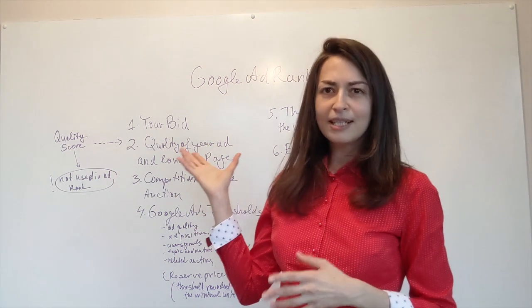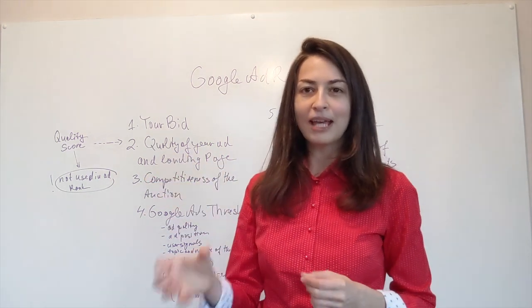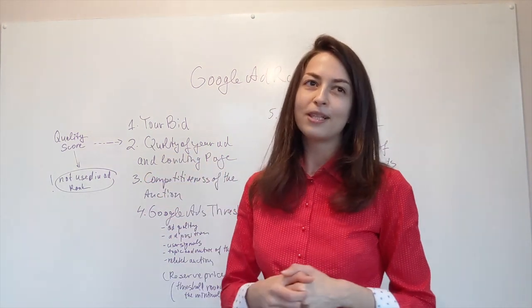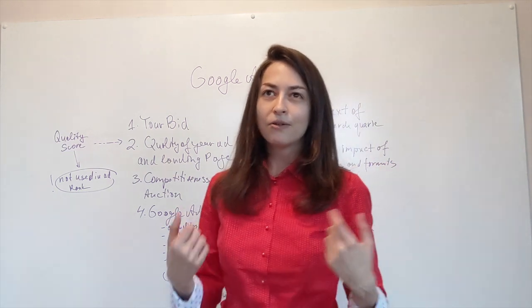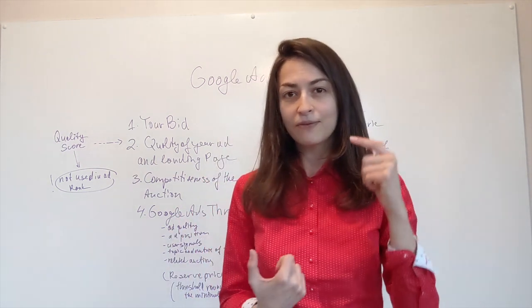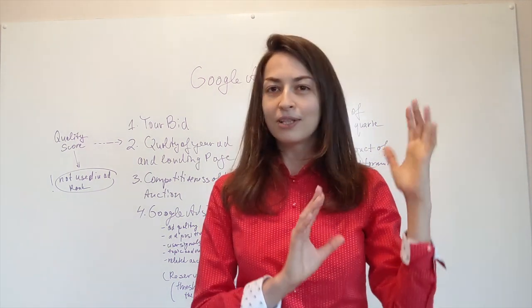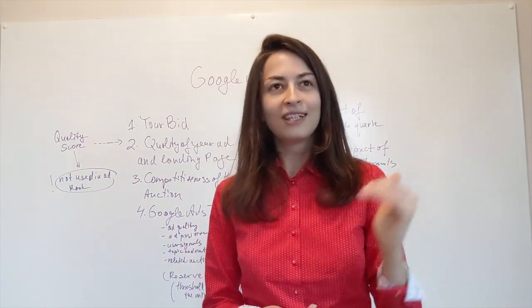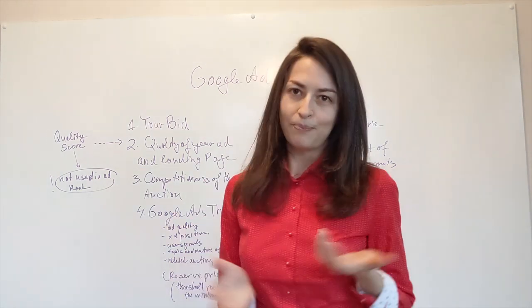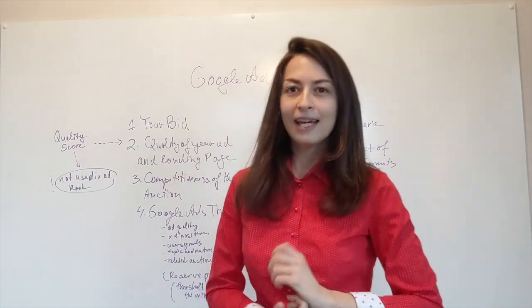This is dynamic: with every single auction, Google's algorithms determine which advertisers will show, whether any ads will be served or not, and in what sequence. That's a pretty hefty task. Let's see how they determine this.